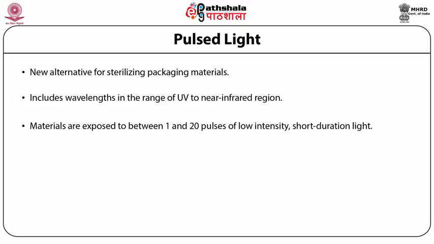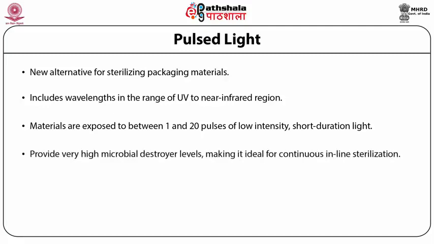The duration of pulses ranges from 1 microsecond to 0.1 second. The packaging materials are exposed to between 1 and 20 pulses of low intensity, short duration light. A few flashes applied at a rate of 1 to 10 per second provide very high microbial destruction levels, making the system ideal for continuous inline sterilization.